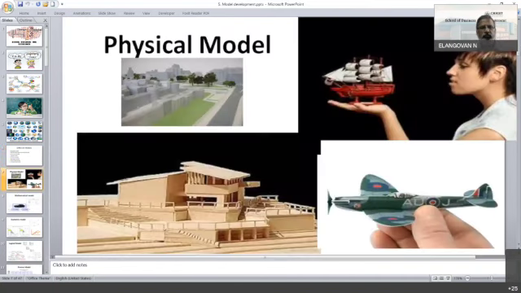A physical model is a scaled down model of any real world object. For example, architectural models, or models of a ship or aeroplane. So this is called a physical model.